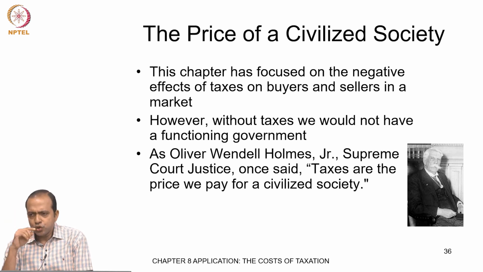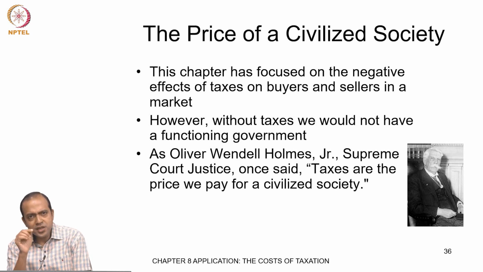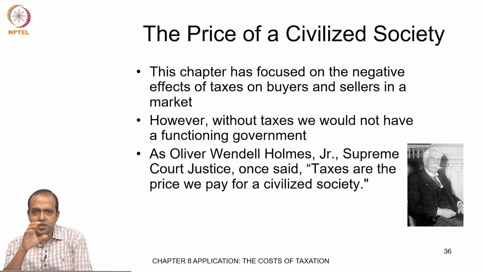Okay. So, as long as this relationship is upward sloping, as long as your tax rate is lower than the optimum, you can always increase your tax rate. But once you reach the optimum, it does not make any sense to increase your tax rate further, because your tax revenue will come down. That is what we learned.